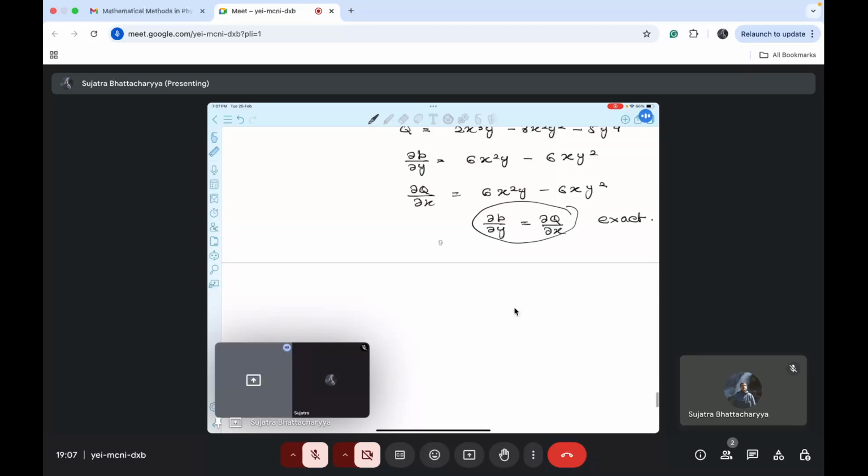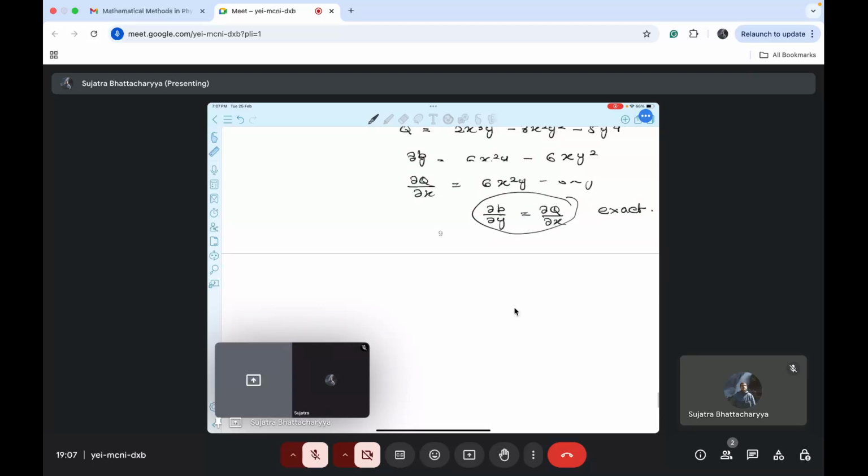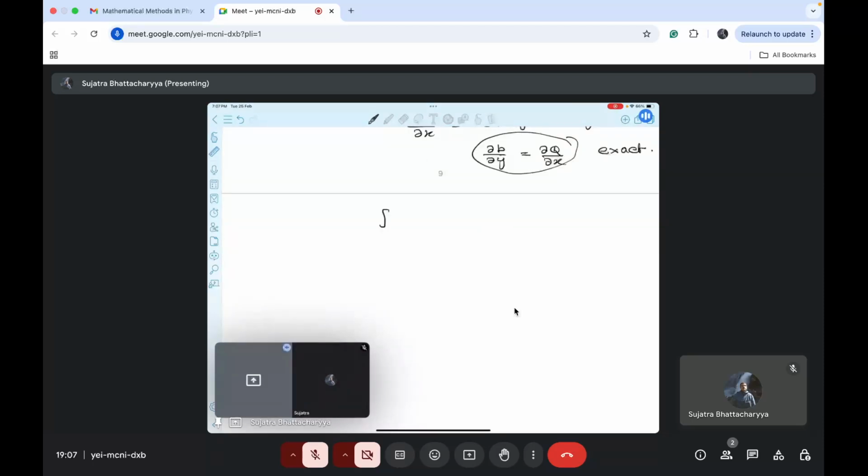Now, how to solve? To solve, you just have to take any one term, say p dx, and you integrate it, and from q you take the terms not containing x, because I want a function of y not containing x.